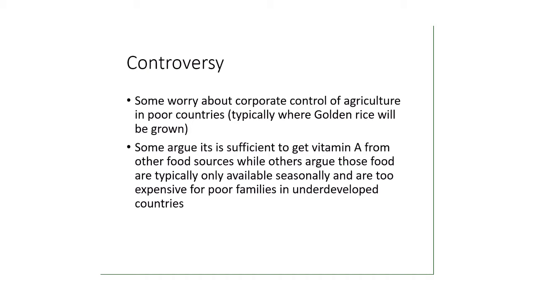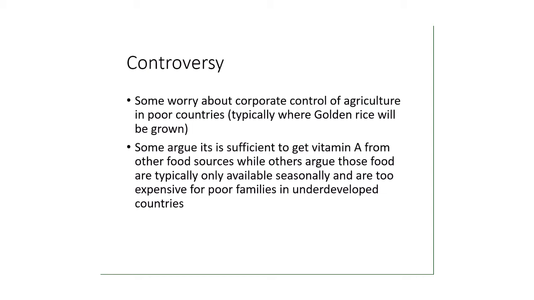Others argue that it is simply sufficient to get vitamin A from other food sources. So rather than creating a new GMO, a genetically modified organism such as golden rice, to solve the problem, maybe we should just get foods that are high in vitamin A to these places.